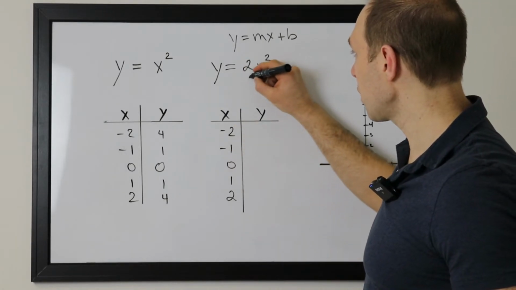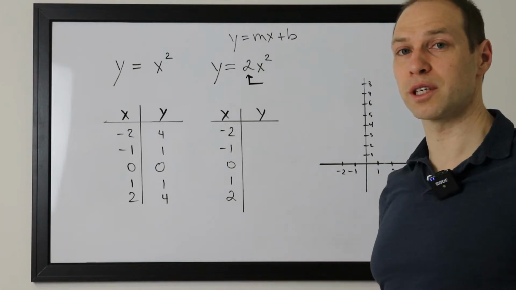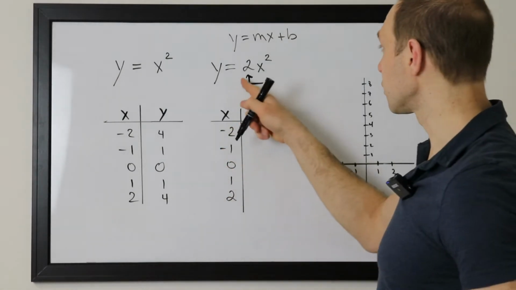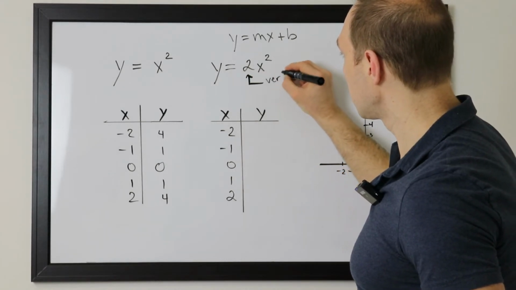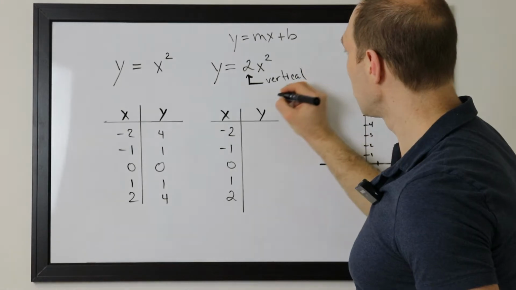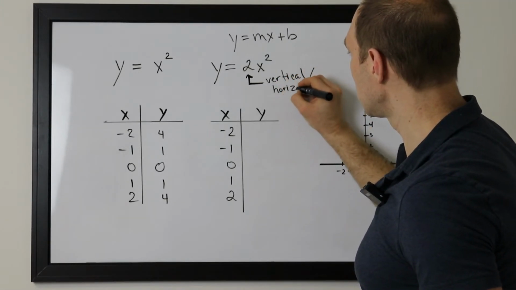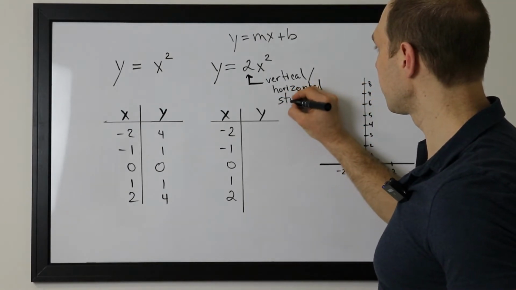When we talk about a parabola, the number in front of x squared represents a stretch factor. A parabola will actually stretch. This is known as a vertical or a horizontal stretch.